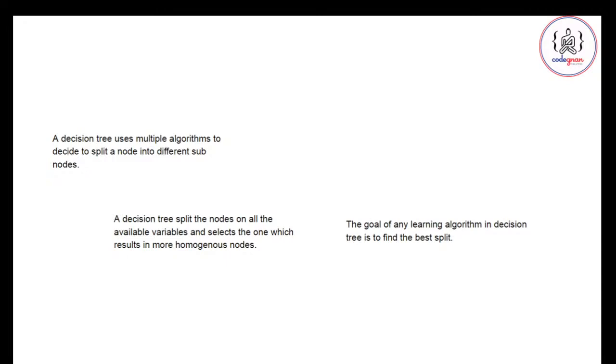All right, the goal of any learning algorithm in a decision tree is to find the best split. If you find this best split, then your job is done. There are two types of algorithm that we mostly use, which are Gini and entropy. Here we are going to talk about the Gini only. Entropy is simple, you can refer to online materials and you will get it.